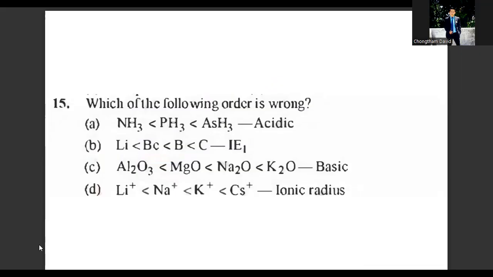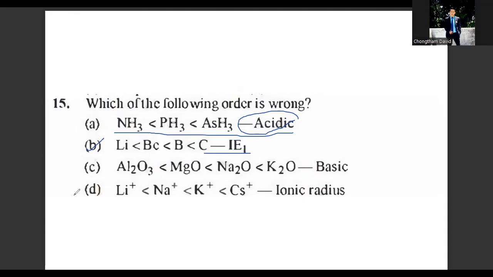Which of the following orders is wrong? The trend goes on increasing down the group for acidic character. Is it correct? No, the basic character is bound to increase. It should be basic. This is wrong. And what about option B? Lithium, beryllium, boron, carbon. Yes, the first ionization enthalpy increases. This is correct.